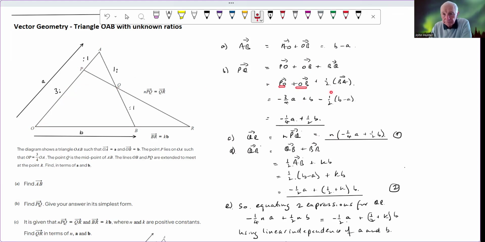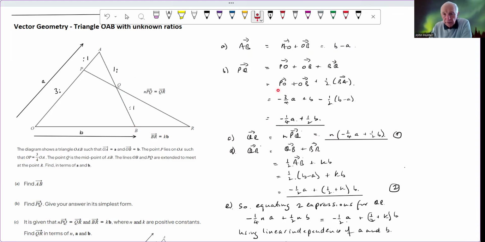OB, we know it's B. BQ: Q is halfway along there, so BQ is going to be half of BA. We know AB already.